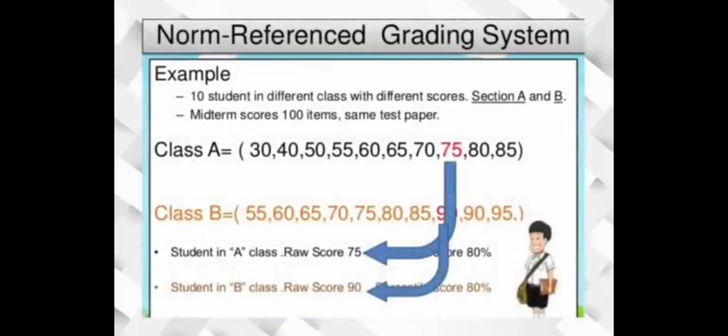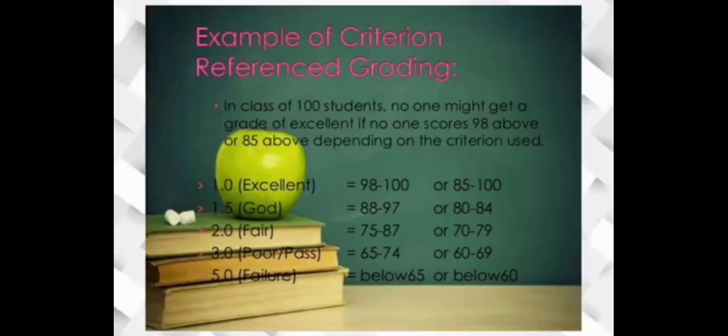This refers to an 80th percentile rank. A student in Class B has a raw score of 90, which also has a percentile rank of 80%. So as you can see, the percentile rank of the student differs depending on which class he or she belongs in.